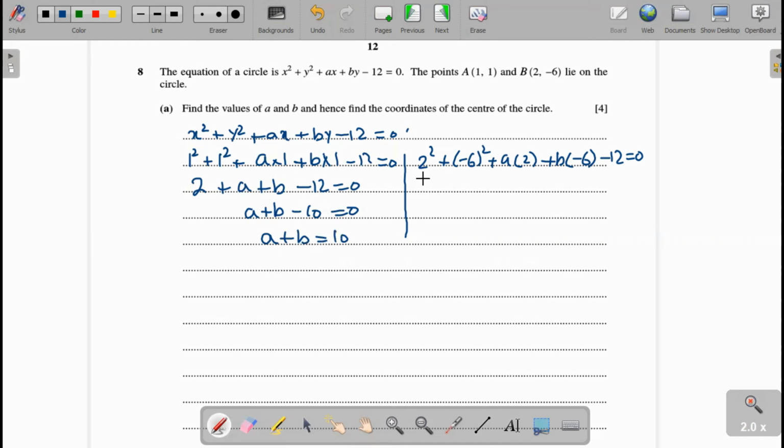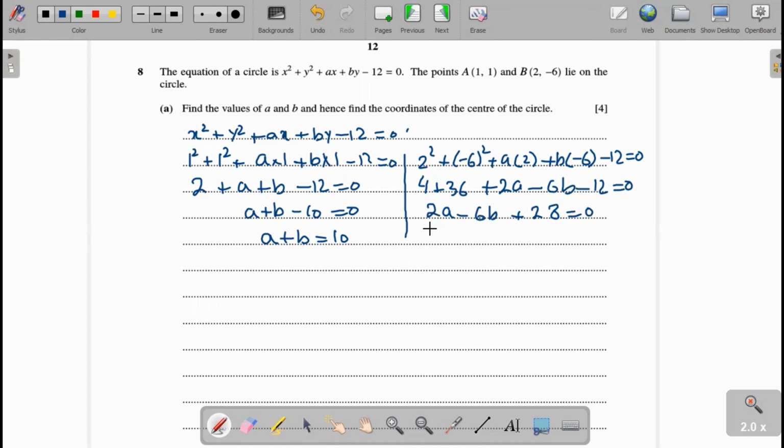Now here, 2 squared is 4, plus 36, plus 2a minus 6b minus 12 equal to 0. That is 2a minus 6b plus 4 plus 36, 40, 40 minus 12 is 28, equal to 0.